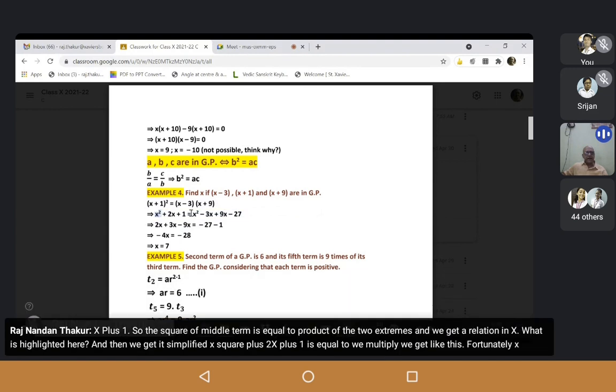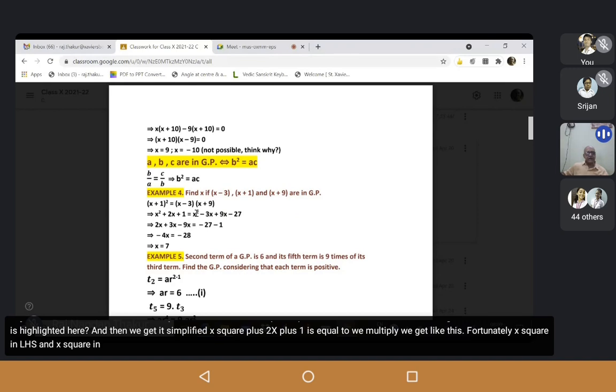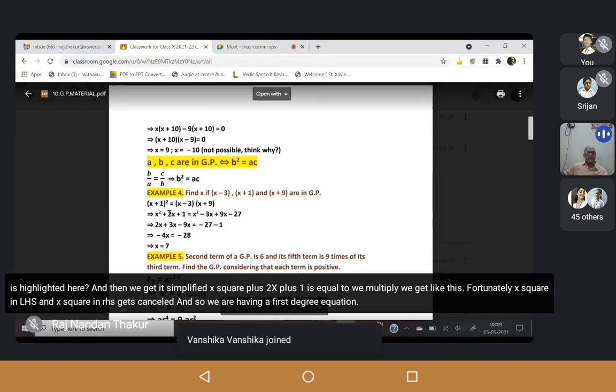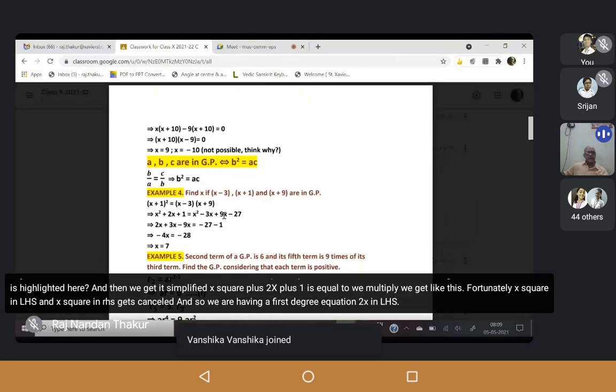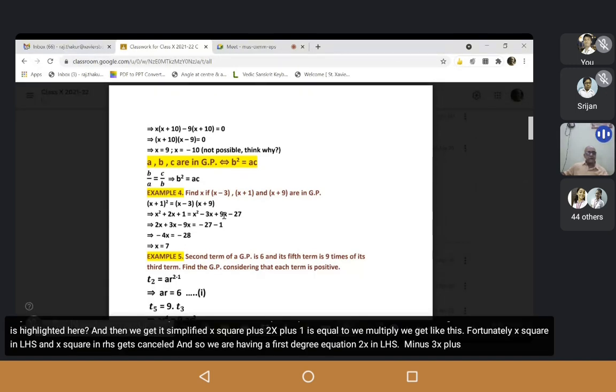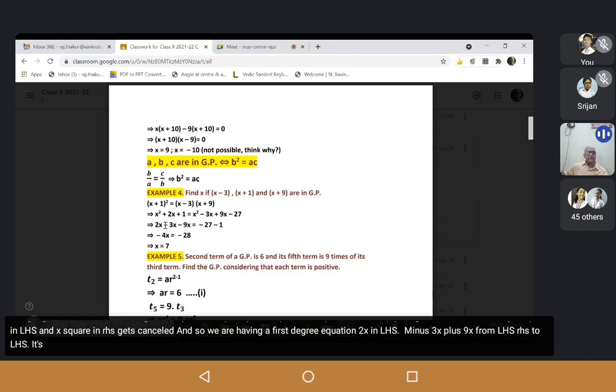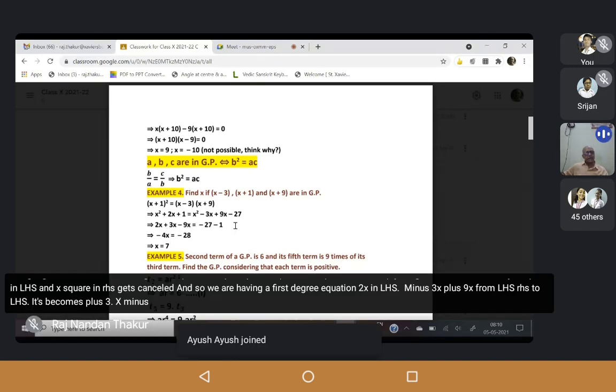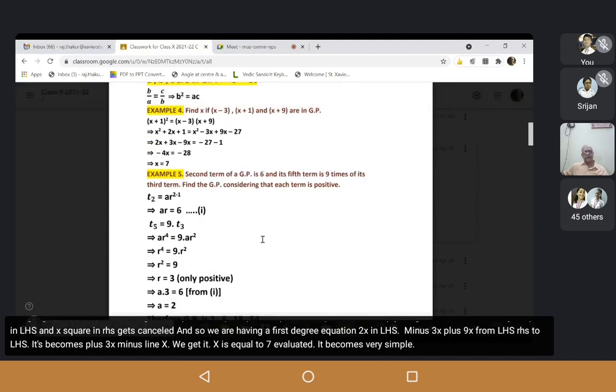Fortunately, x square on the LHS and x square on the RHS get cancelled, and so we have a first degree equation: 2x on the LHS, minus 3x plus 9x from RHS to LHS becomes plus 3x minus 9x. We get x is equal to 7, evaluated. It becomes a very simple question. Clear?